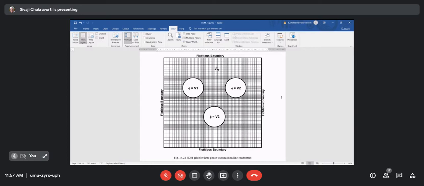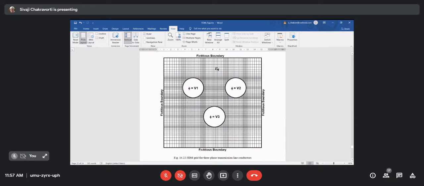Therefore, you can see here that the region near the boundaries, you can see this circle, is being subdivided much more finely with lower nodal distances, but as we go away, the nodal distances are large.